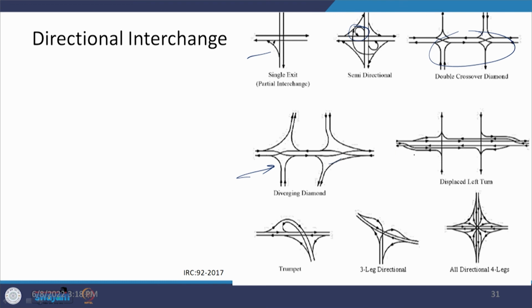Here we can see the left turning, because the traffic is coming here, a separate lane has been provided so as to come onto this particular road, and there is another lane. So displaced systems have been created and they are separately taking the traffic, and similarly this is happening in T junctions, trumpet, or the total 4-legged system, where from each and every leg there is a separate lane or separate structure taking you for a separate movement.